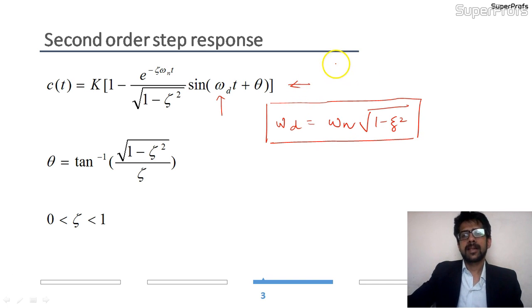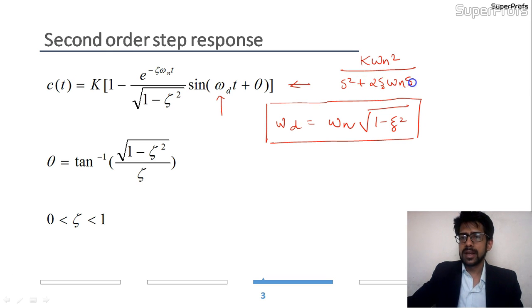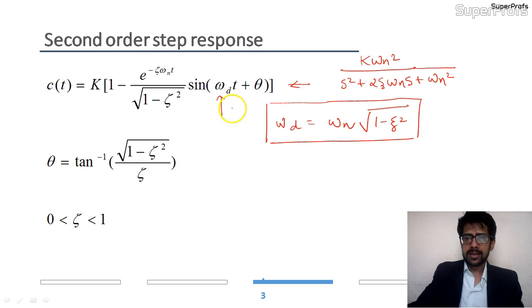This is the time domain response for a system k omega n square upon s square plus 2 zeta omega n s plus omega n square. The important condition to know is that zeta is between 0 to 1, which is known as underdamped system.